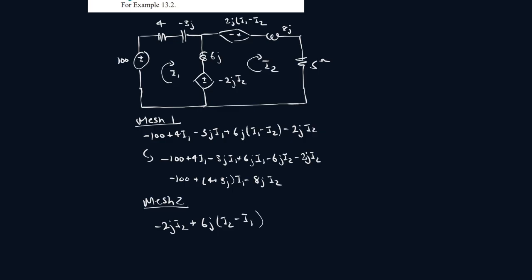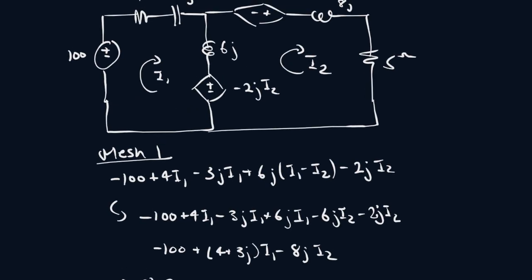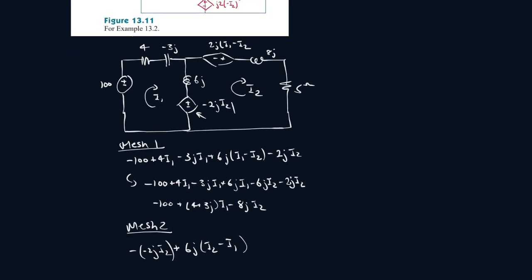Wait a little bit. Oh no, sorry. It's minus 2jI2. Because since we're entering from the negative port, we have to add a minus sign, and then we add the entire value of this. So if this minus wasn't there, it would just be minus 2jI2. But since there's a minus sign here, it's going to be minus 2jI2. So these minuses cancel each other out.